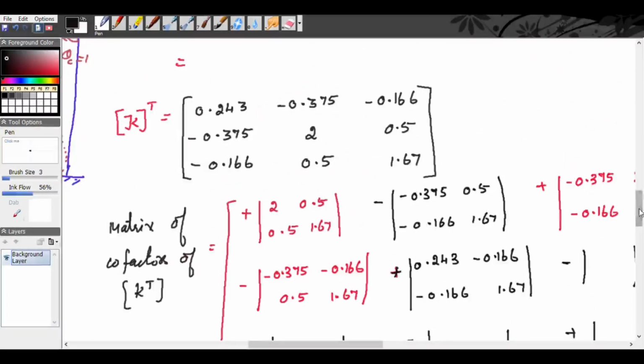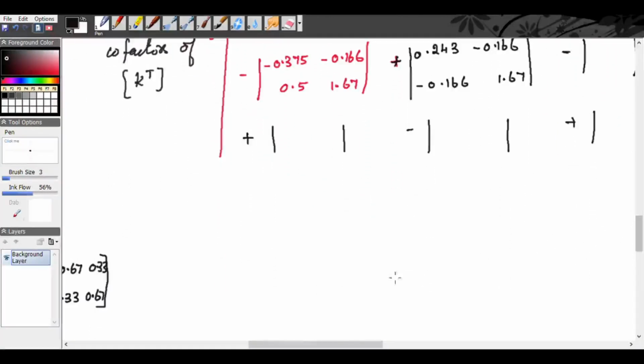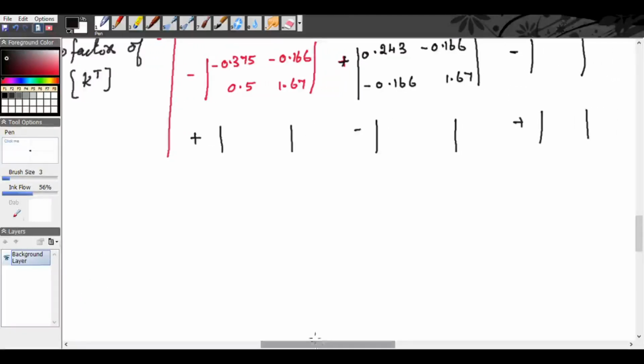So finally what you get is your K inverse will be, so you can calculate if you have time, otherwise you use your calculator, right? So that easily you can complete this. Otherwise it is a time consuming process. Please don't calculate it by hand. You use your calculator.